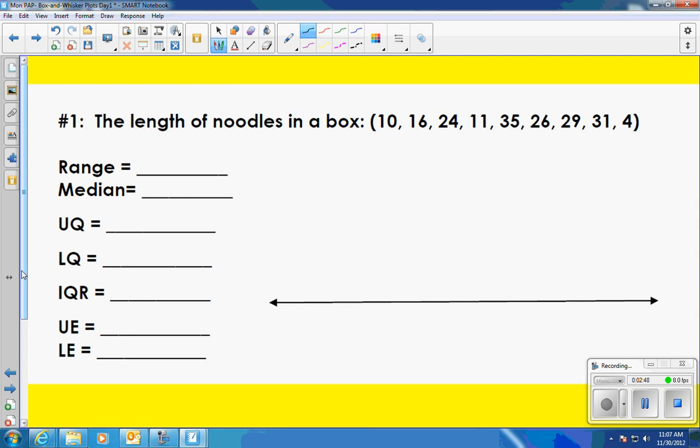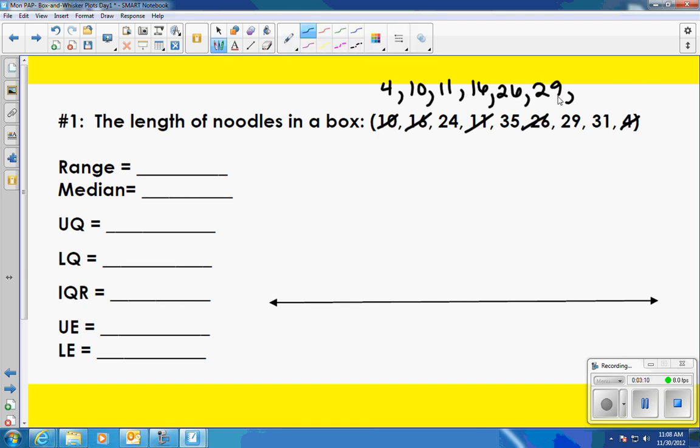So here's our first example, and we're using length of noodles in a box. So the first thing we need to do is order this from least to greatest. So 4 is my smallest number, followed by 10 and 11, 16 and 26, 29.